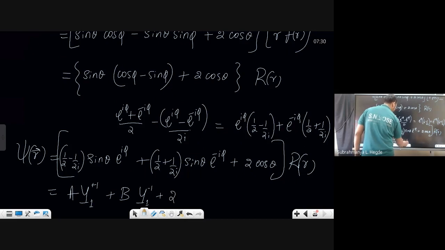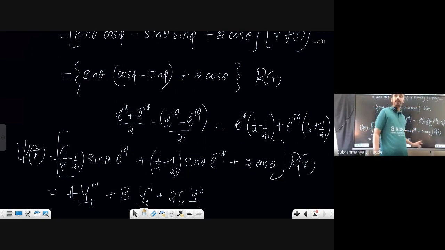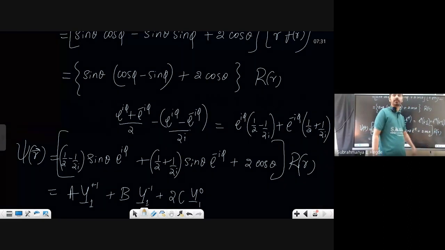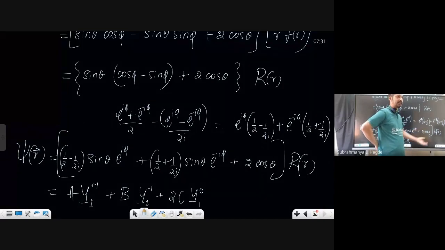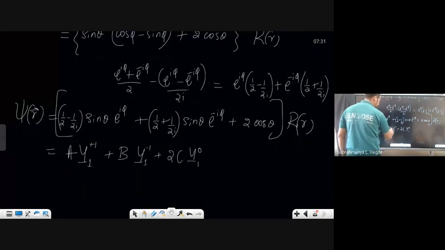What is this one? This is 2 into some constant into Y 1 0. Y 1 0 is the first Legendre polynomial directly, not any derivative. The first Legendre polynomial is x equal to cos theta. Do you remember? Somehow you should grab some logic here.